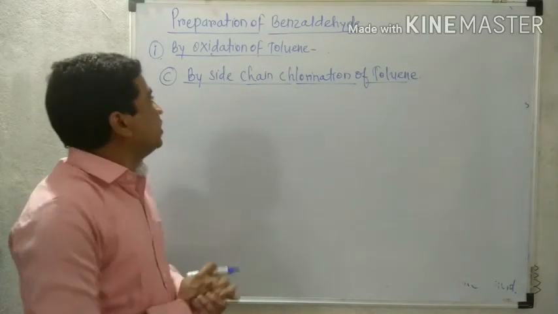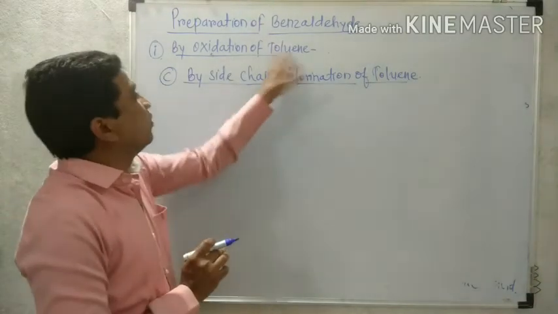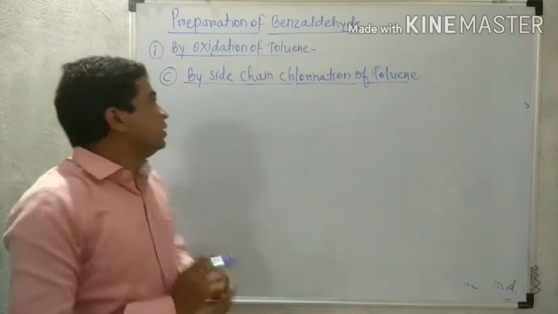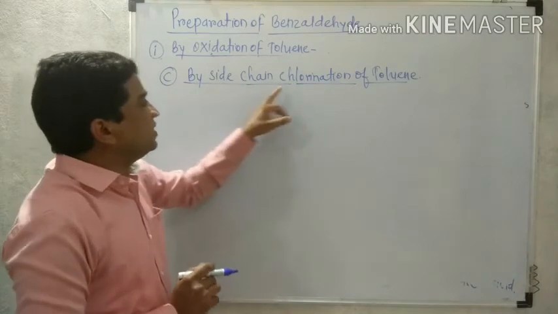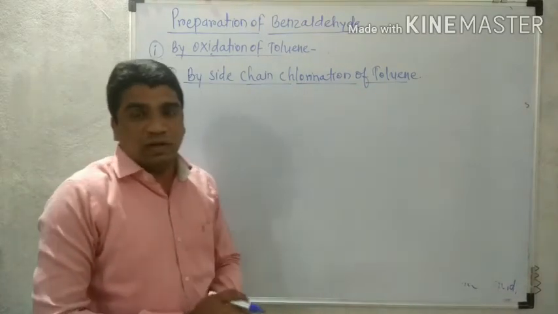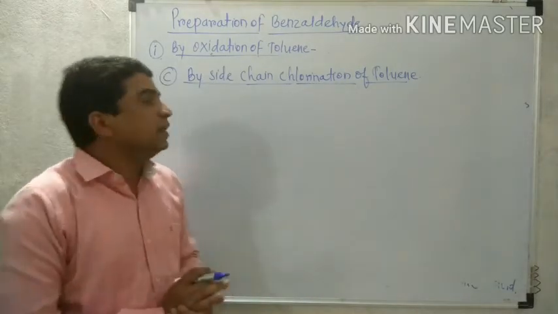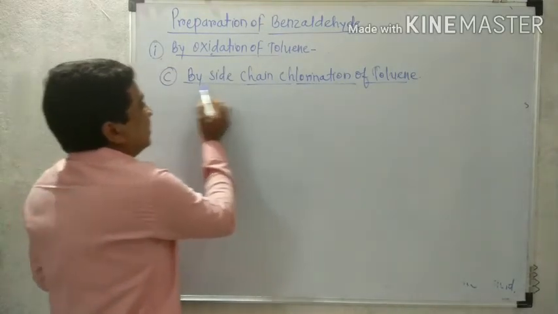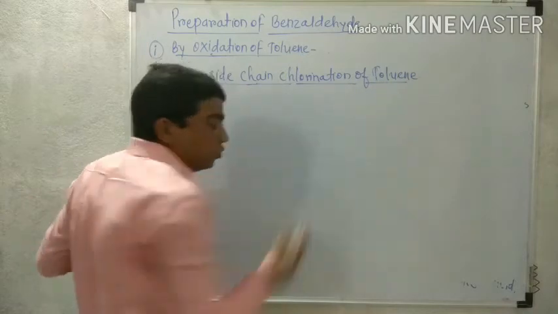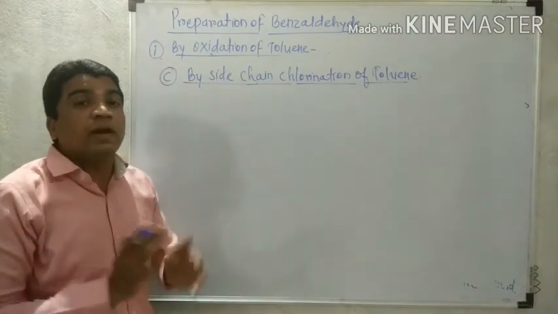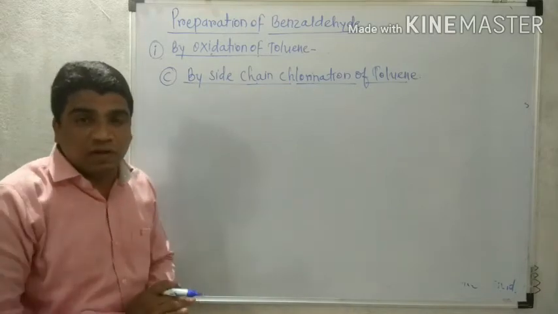Now the third way of oxidation of toluene is by side chain chlorination of toluene. It means that the third option to convert toluene into benzaldehyde is by side chain chlorination. Toluene undergoes chlorination, meaning toluene reacts with chlorine.